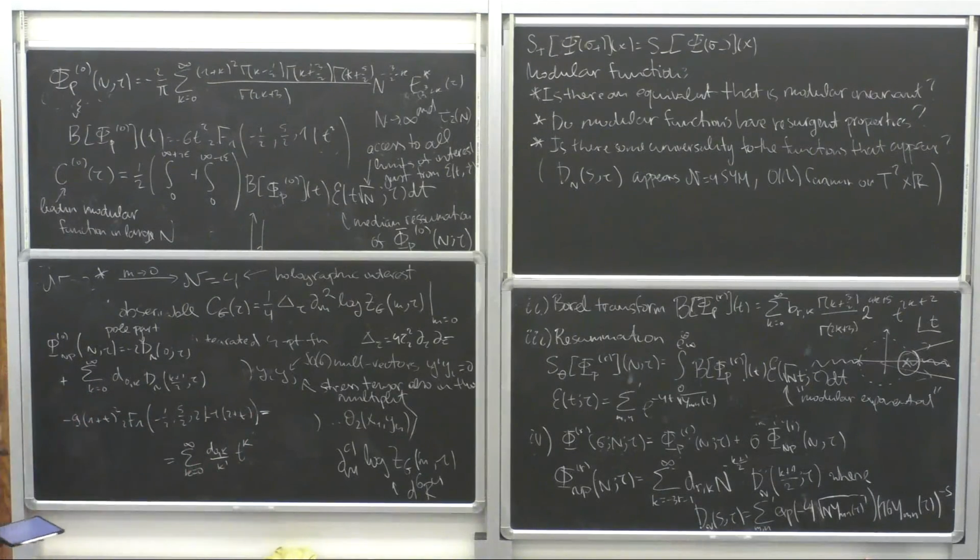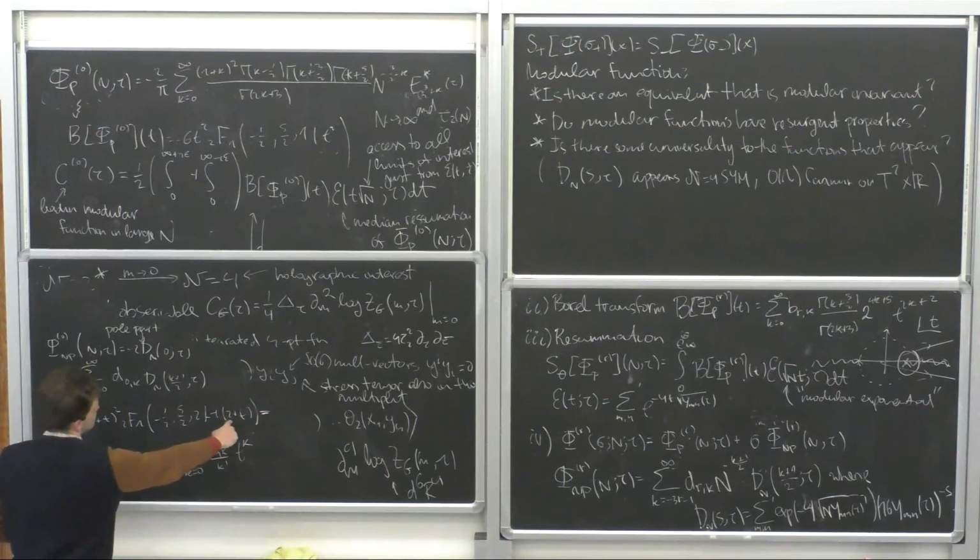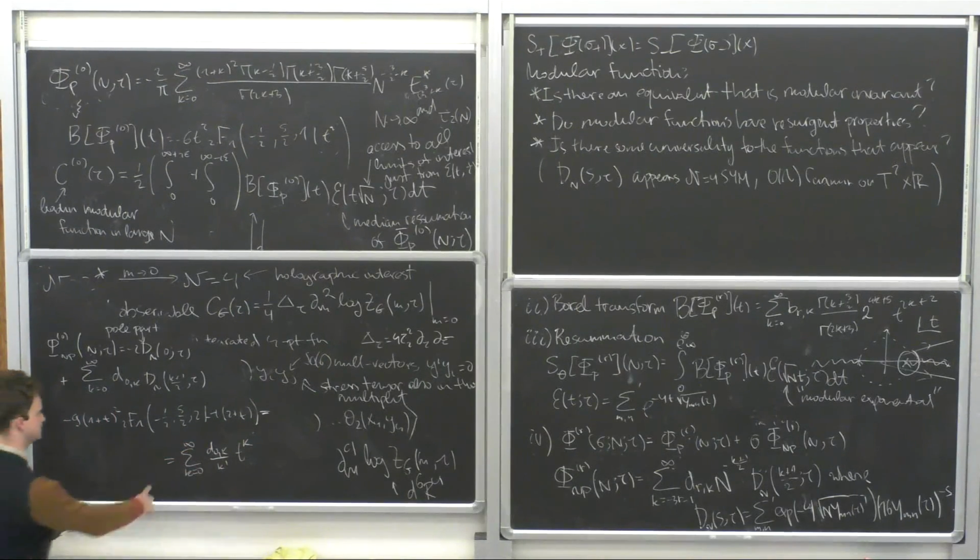This 2F1 at minus t, 2 plus t is a generating series for these coefficients. It's possible they satisfy some recurrence relations, but I haven't been able to find any.